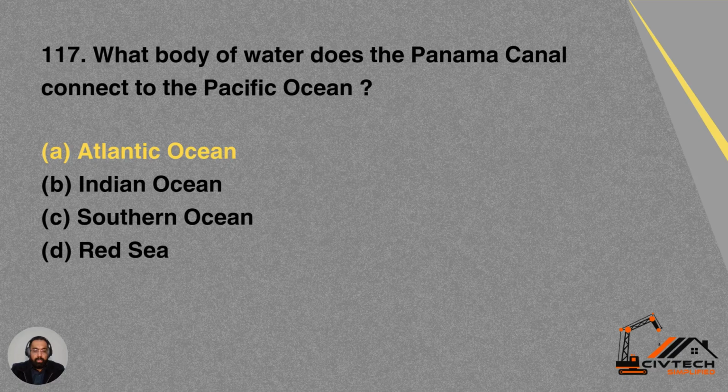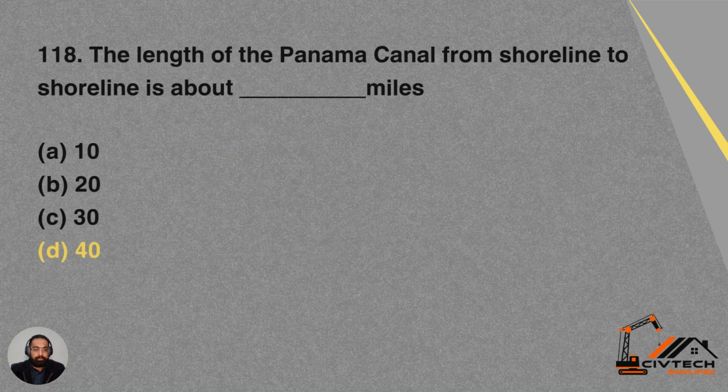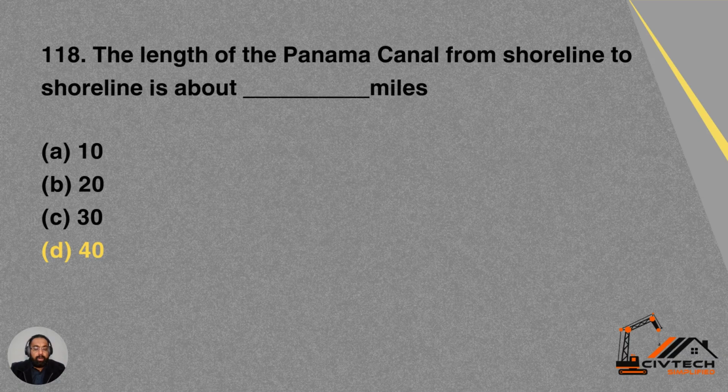The canal was blocked, a lot of the world's ship transport was stopped, and there were some political issues in the world. So option A, Atlantic Ocean, is the correct answer.